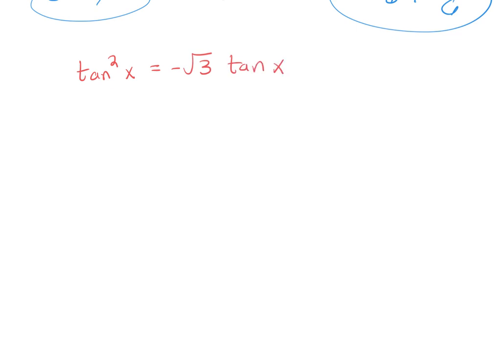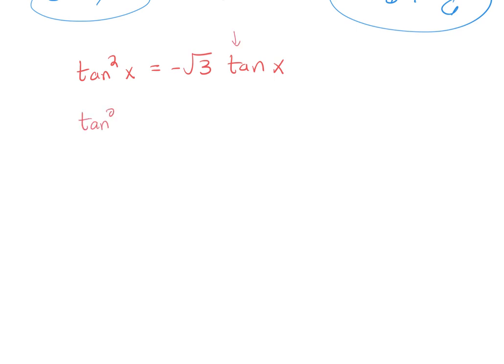Okay, here will be the last example of this lesson. So tangent squared of x equals negative square root of 3 times tangent x. So we have tangent on both sides, so what we can do is get tangent all onto one side. So I'm going to add this right side over to the left.